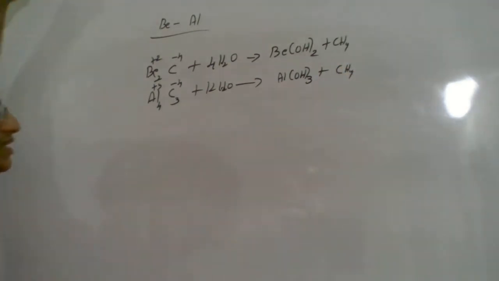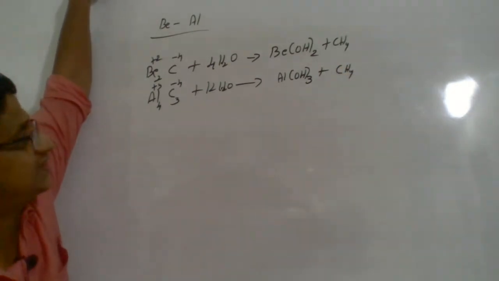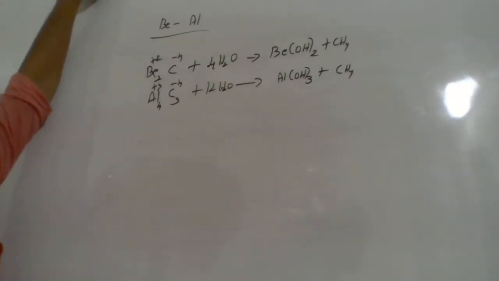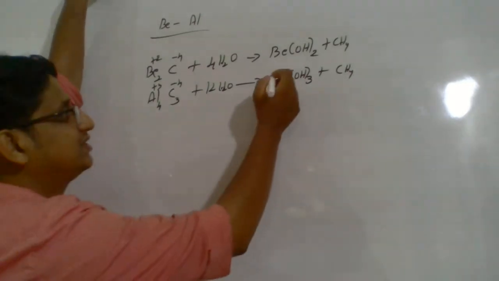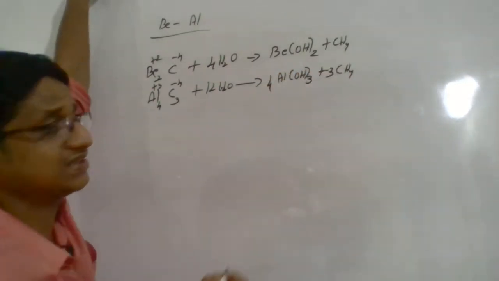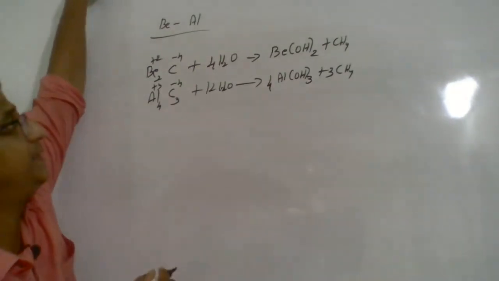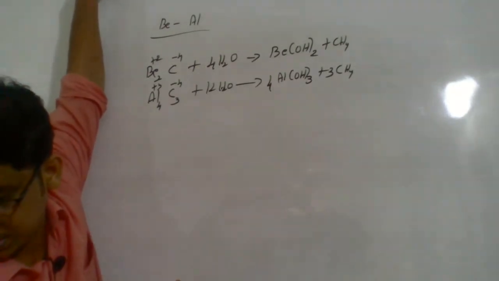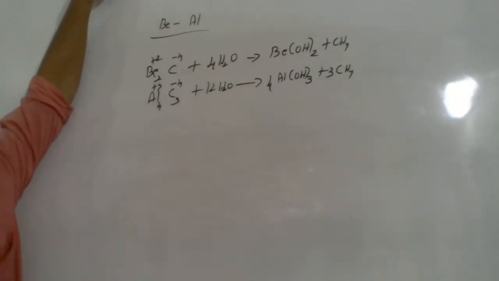So you can see methane gas will be released. Al4C3 plus 12H2O gives 4Al(OH)3 plus 3CH4, that is methane for you. Be2C plus 4H2O gives 2Be(OH)2 plus CH4.